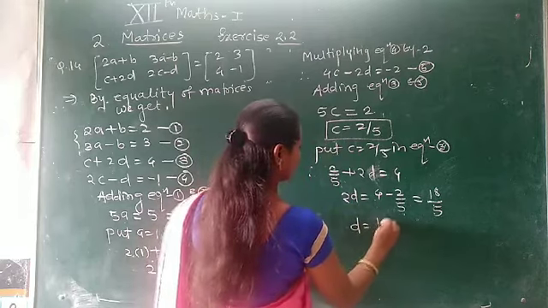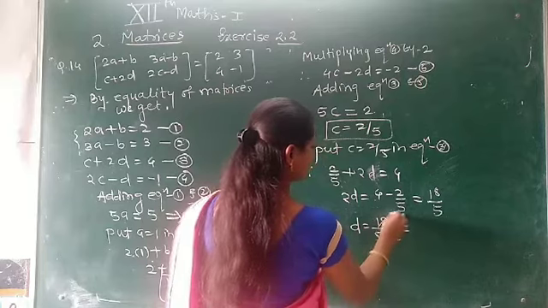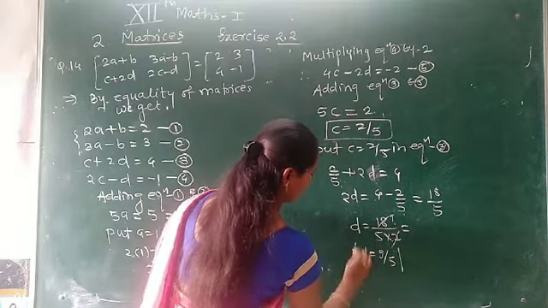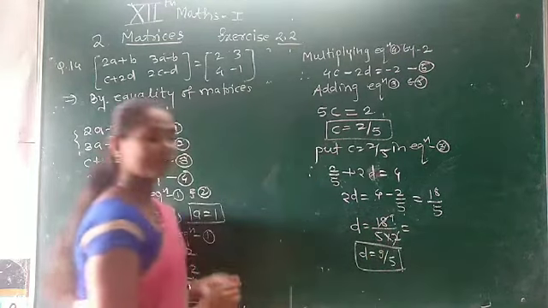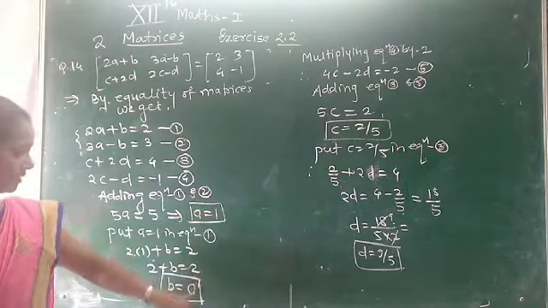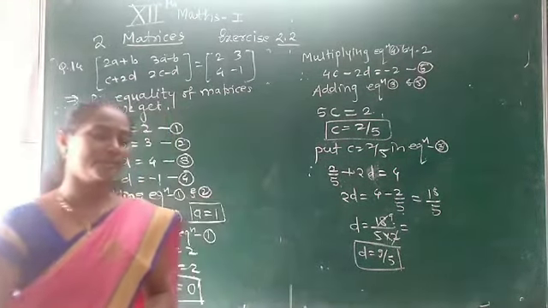Therefore d is equal to 18 upon 5 into 2, that is 9 upon 5. Therefore the values of a, b, c, d are: a is 1, b is 0, c is 2 by 5 and d is equal to 9 by 5.